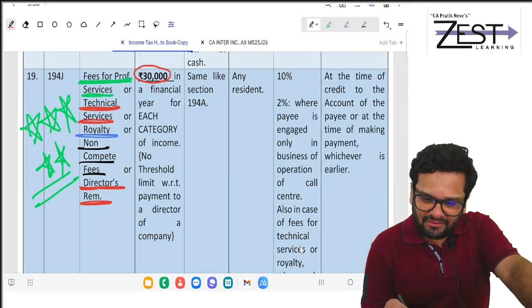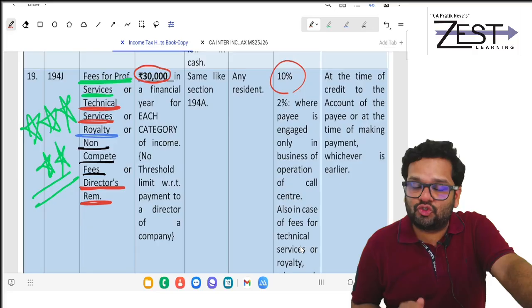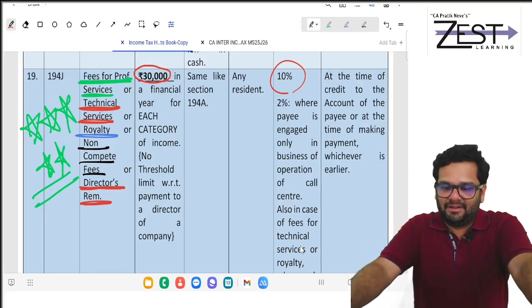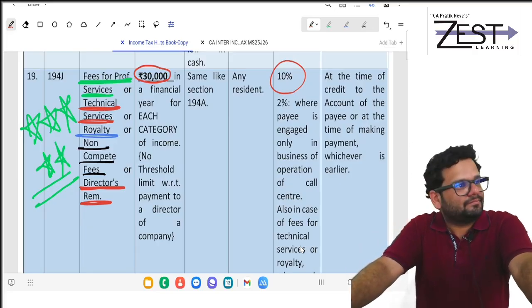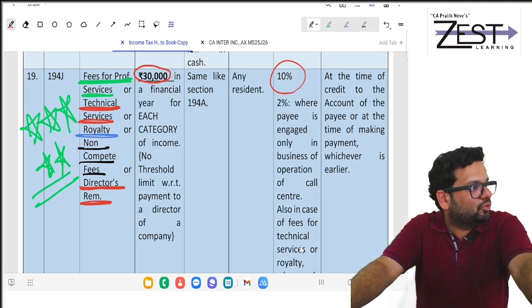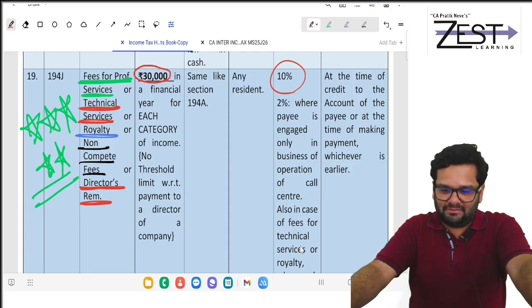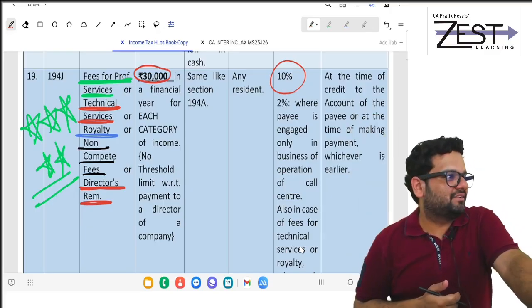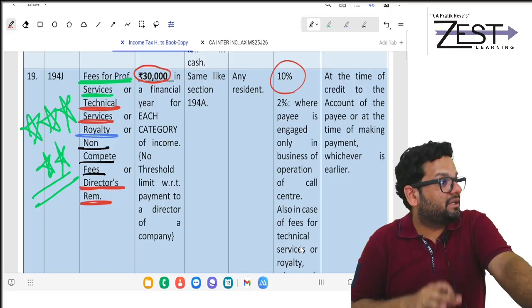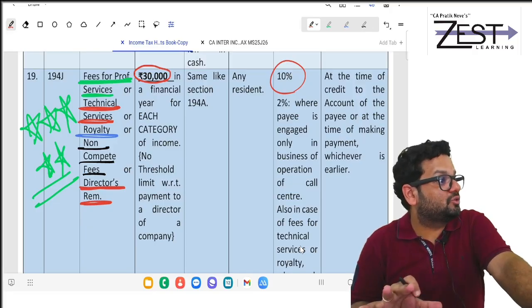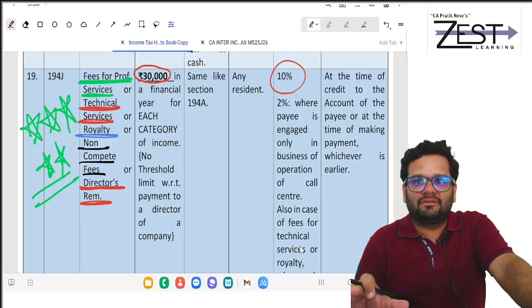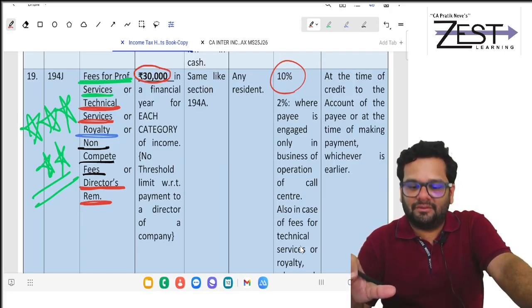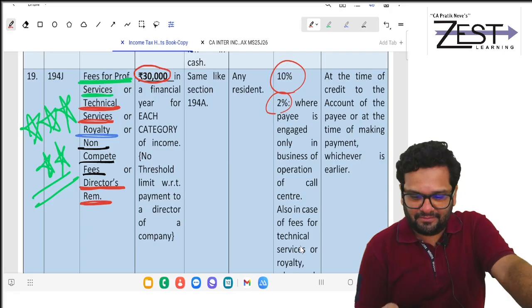Rate of TDS, 10% usually. But when you are paying to a call center, means the call center is giving you professional services. Your company has appointed a call center to attend your calls. So what will happen? 2%.